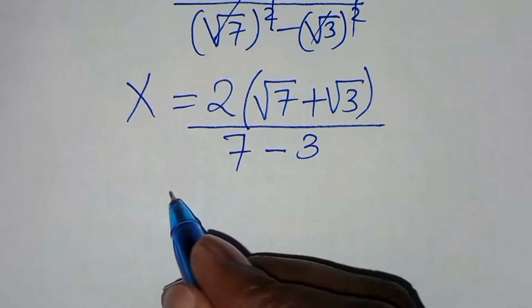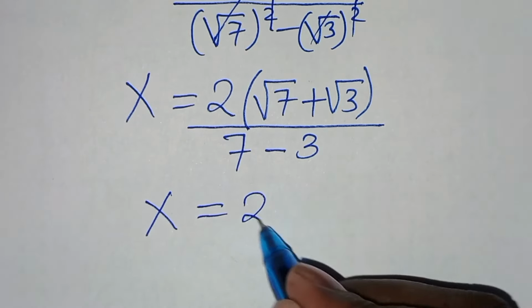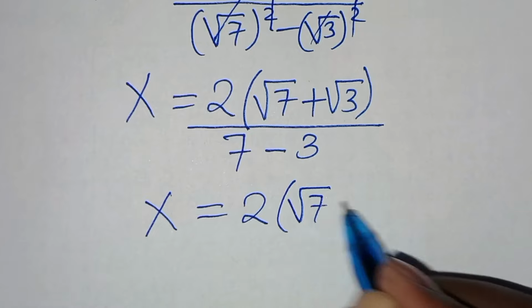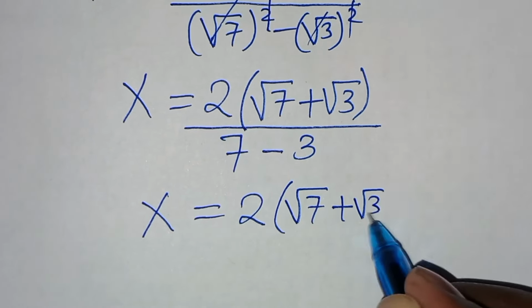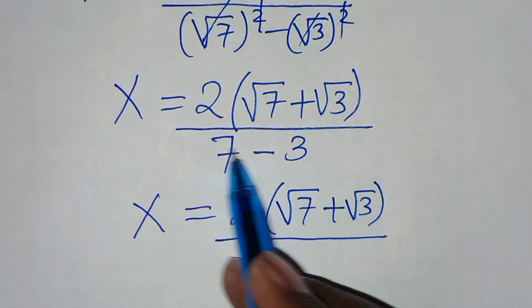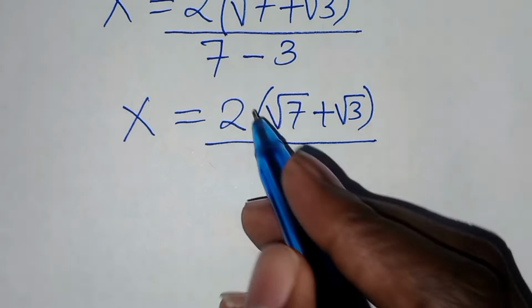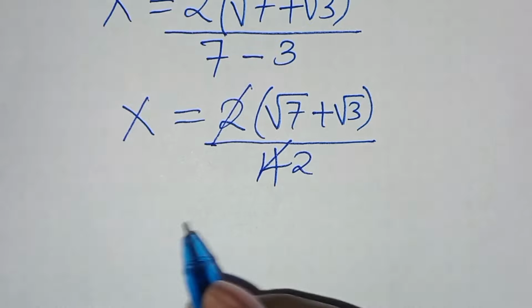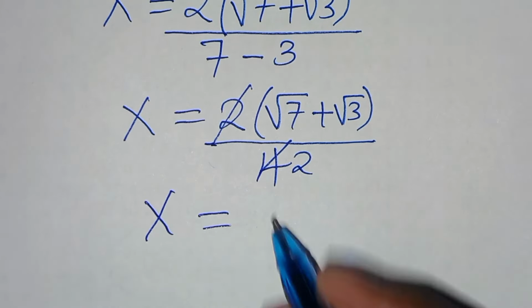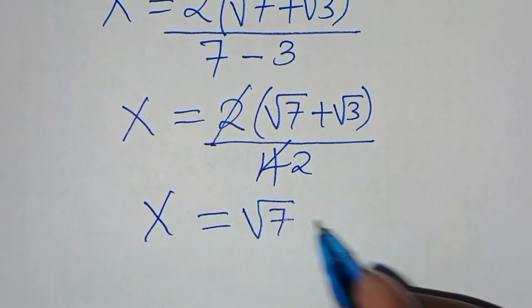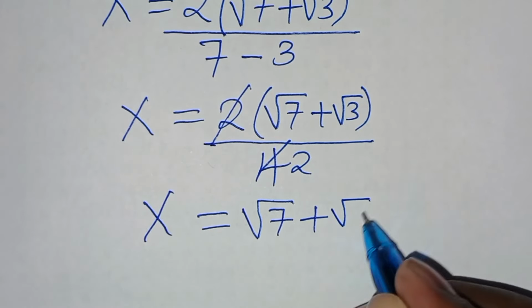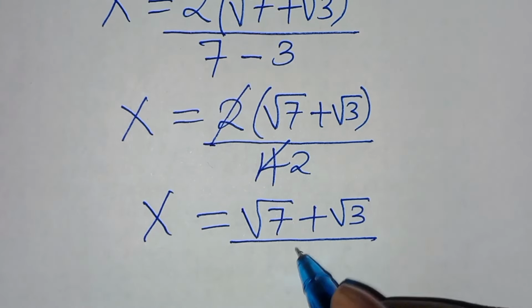So now x is equal to 2 multiplied by square root of 7 plus square root of 3 divided by 7 minus 3, which is equal to 4. So simplifying this, we have that the value of x is equal to square root of 7 plus square root of 3 divided by 2.